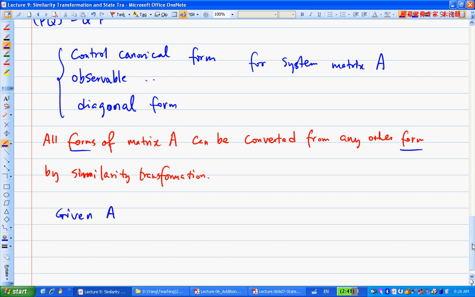How do I convert this A to a control canonical format? And how do I convert this A to observable canonical format? That's actually what we're going to deal with.